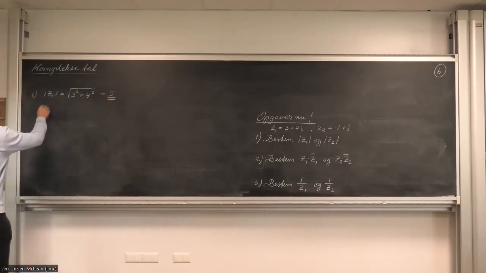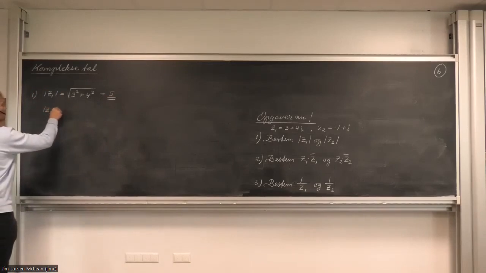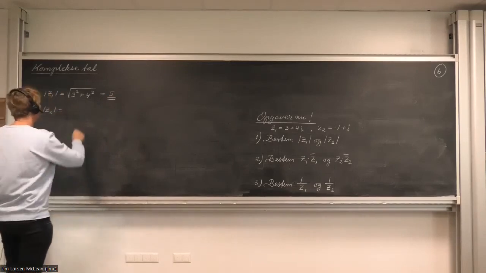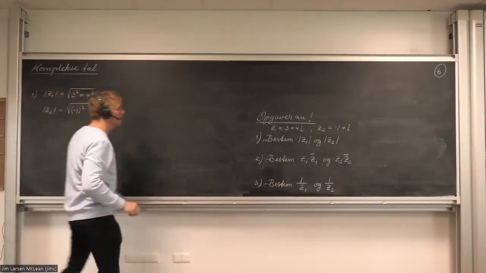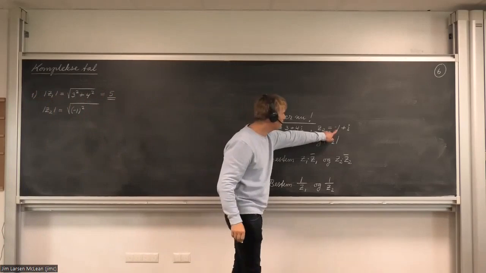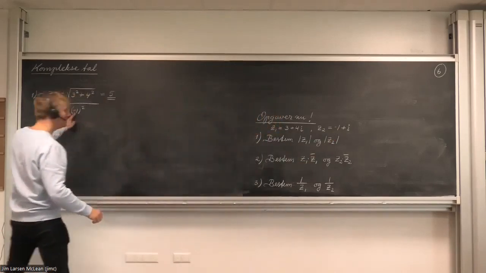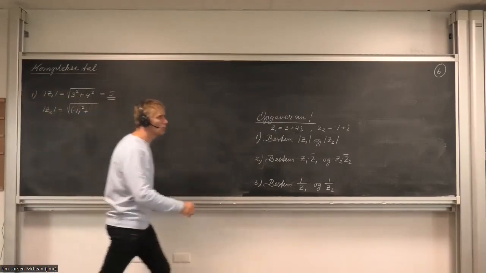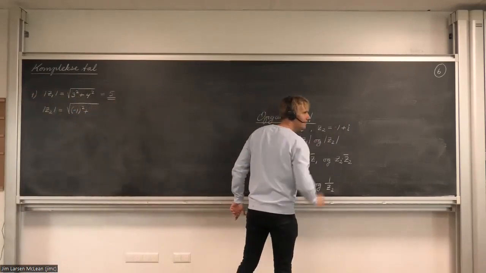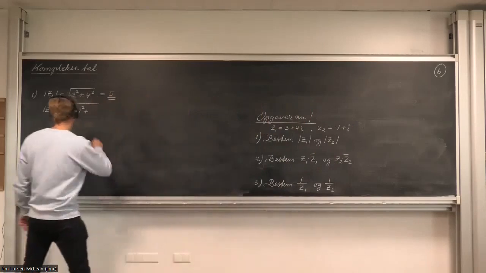Now we're going to find the modulus of Z2. For that, we'll take the square root of the real part squared again. And we see here that the real part of Z2 is minus 1, so I wrote minus 1 squared. And then I need the imaginary part squared. But there's a hidden one, so the imaginary part is 1.